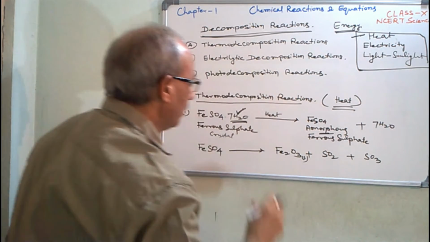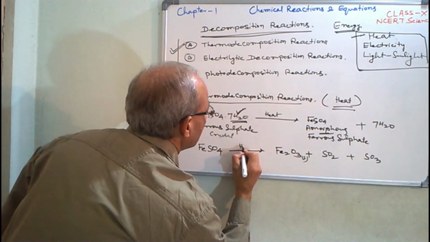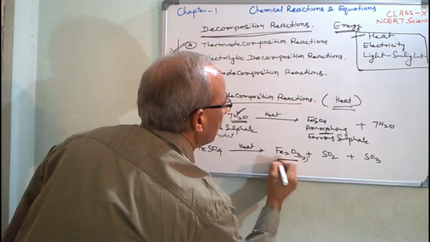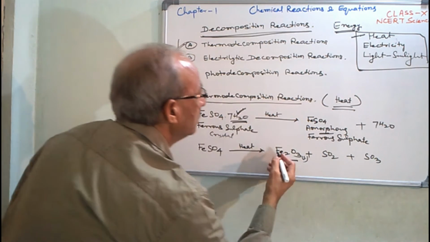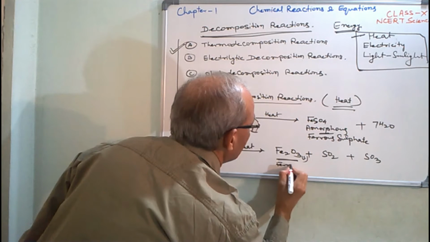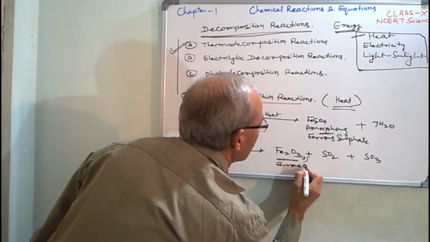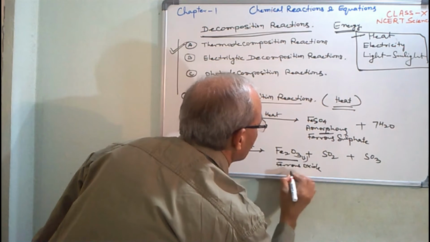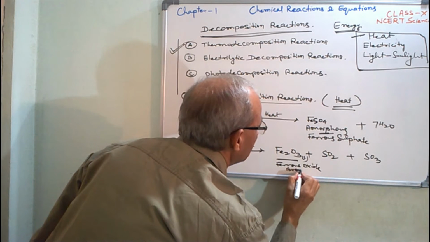And at the end of the chemical reaction, this brown residue of ferric oxide, brown in color, is formed.